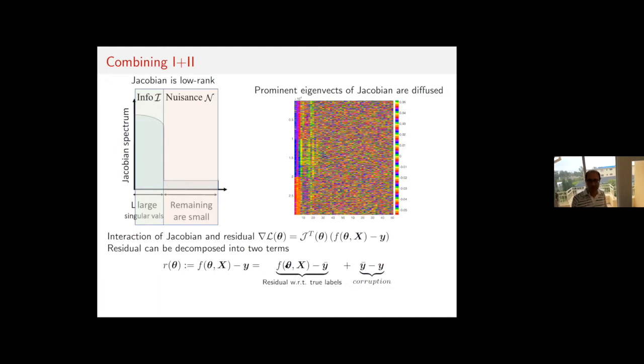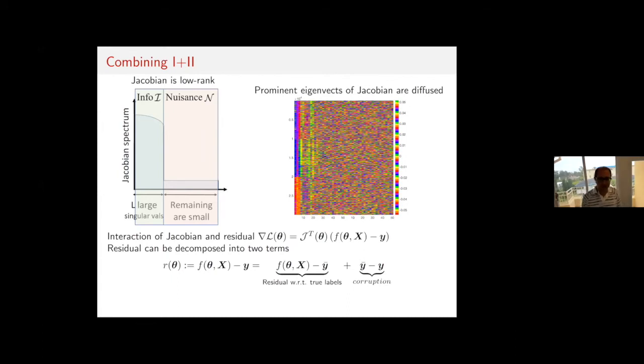If we write it as the output minus the clean labels, the ground truth labels, plus a corruption vector, let's look at this residual. We have the residual with respect to the true labels and we have the corruption. And remember, because we only corrupt a constant fraction, this corruption vector is sparse. Only a constant number of entries are non-zero.